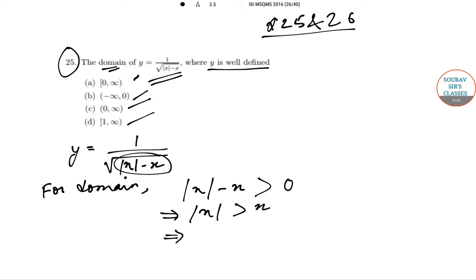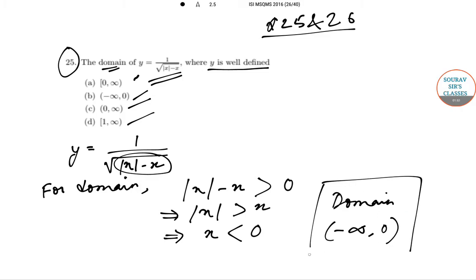This can only happen if x is less than 0 or x is a negative number. In that case, the domain of y is minus infinity to 0. So that is option B.